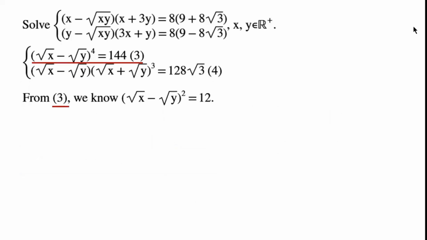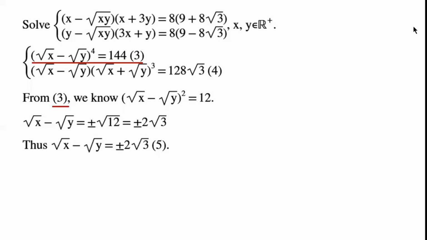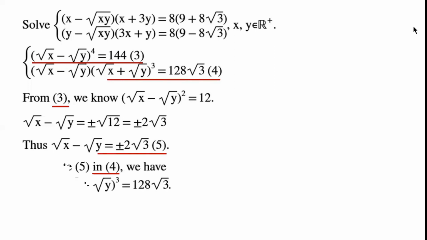From equation 3, we know that (√x - √y)² equals 12. So √x - √y equals plus or minus √12, which equals plus or minus 2√3. Thus, √x - √y equals plus or minus 2√3. Substitute 5 in 4.